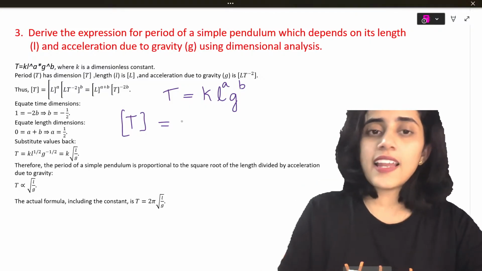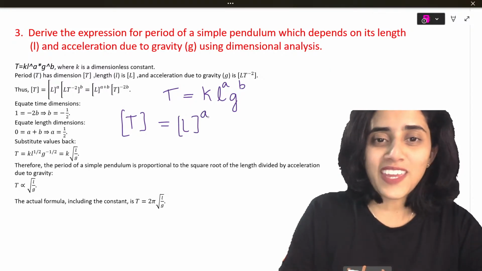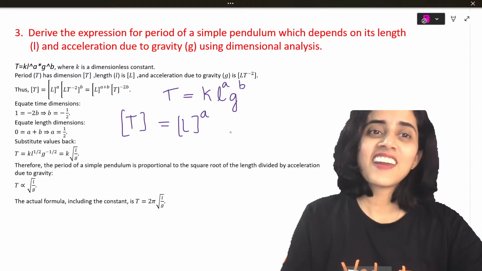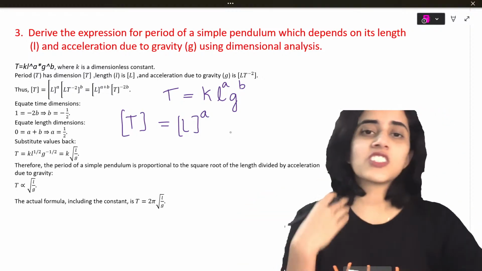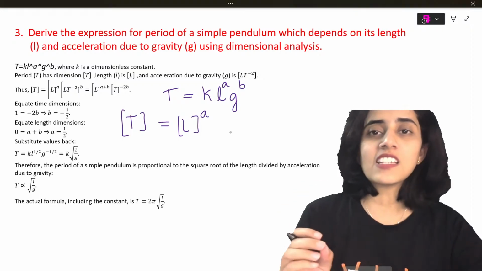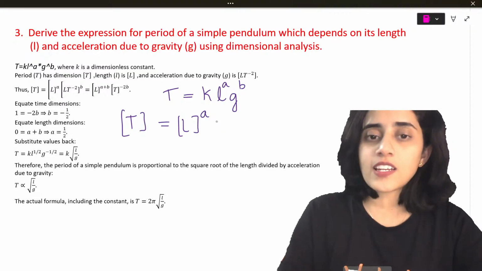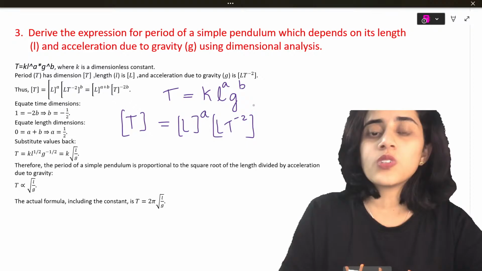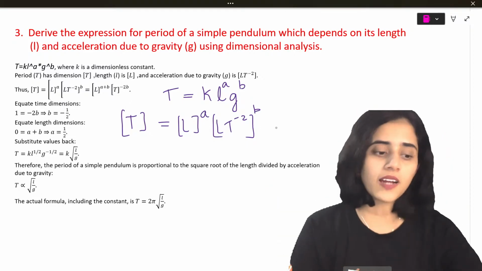The dimension for L is length, so L raised to A. Now, what is the dimension for gravity? Yes, very good. The dimension for gravity is the dimension for acceleration due to gravity. What is the dimension for acceleration? L t raised to minus 2, all raised to b. So this is my dimensional formula.